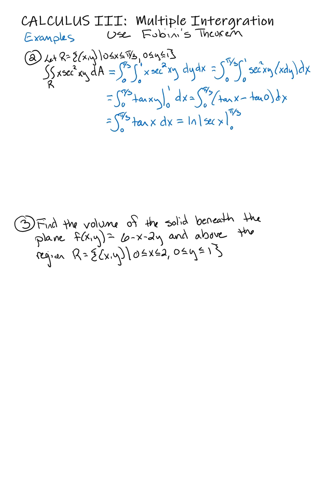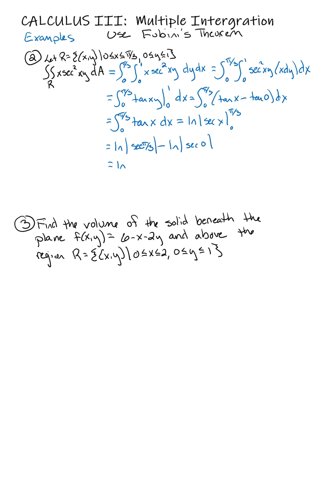But now we'll simply evaluate those x's. We've got the natural log of the absolute value of the secant of pi over 3 minus the natural log of the absolute value of the secant of 0. Let's see, the secant of pi over 3.